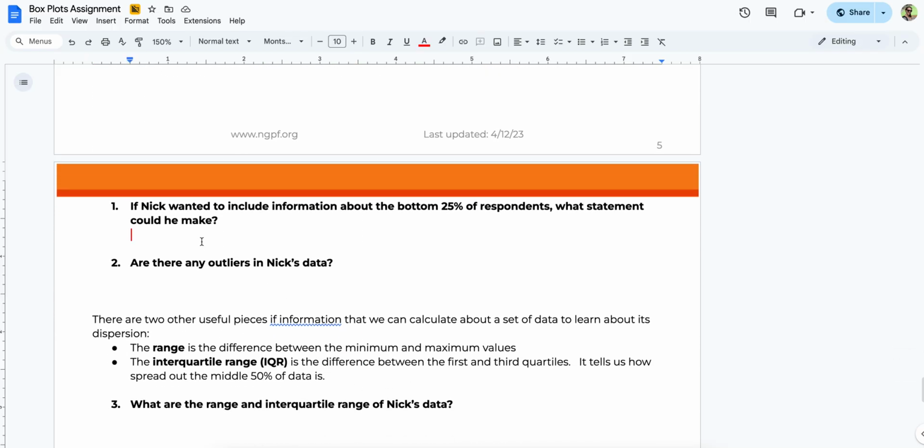If Nick wanted to include information about the bottom 25% of respondents, what could he essentially say? We could say that the bottom 25% of respondents owe less than $19,500.